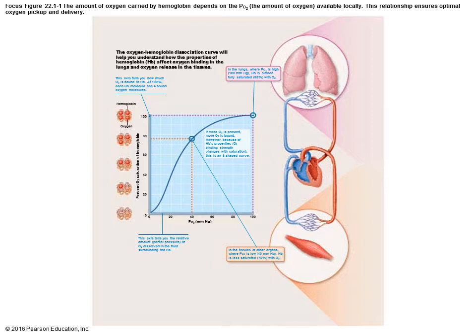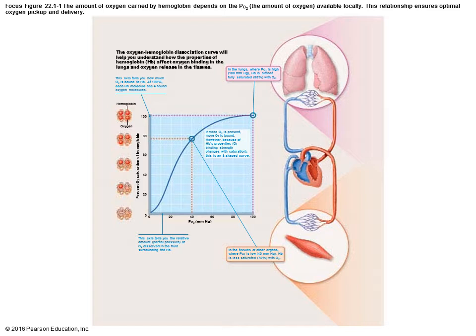It's not a linear graph, it's more of an S-shaped graph. And so in the lungs, where the partial pressure of oxygen is very high, hemoglobin is almost fully saturated. But in the tissues, the partial pressure is low, and the hemoglobin is going to be less saturated.